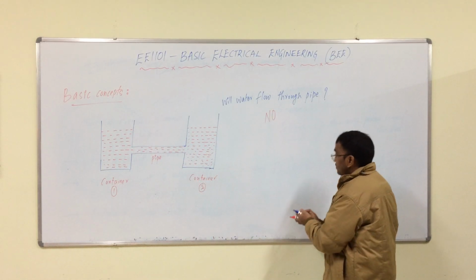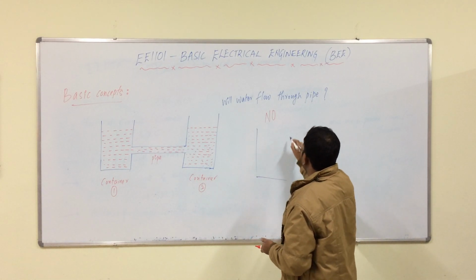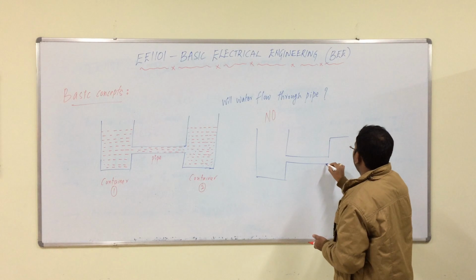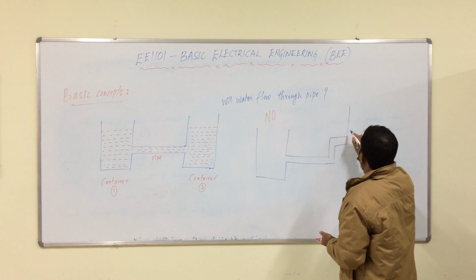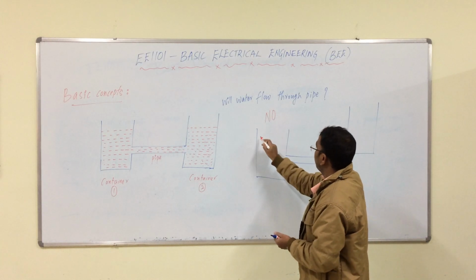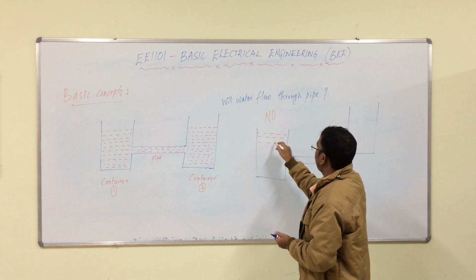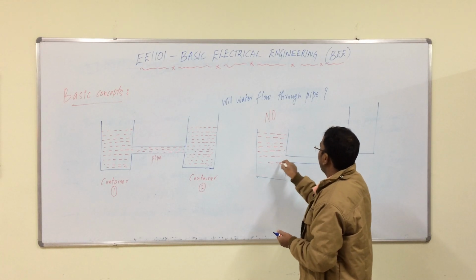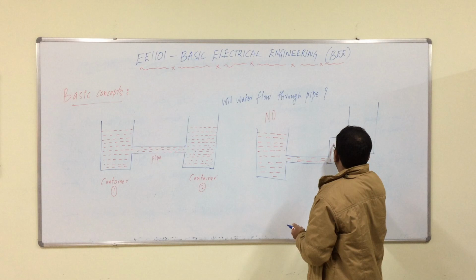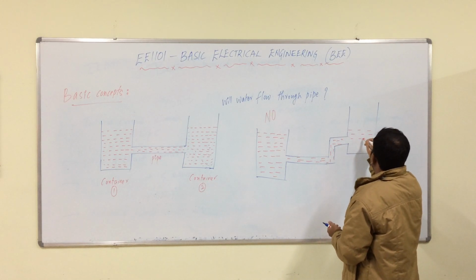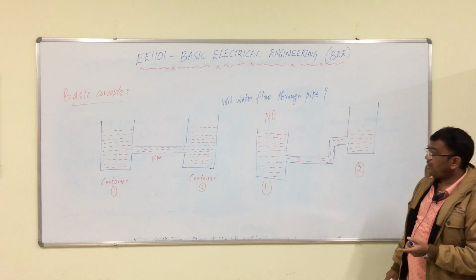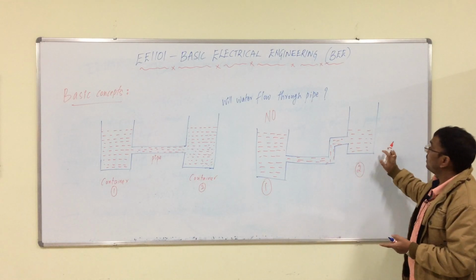So, I am considering container 2 for example. Then tell me, the water level in container 1 is more than that of container 2.